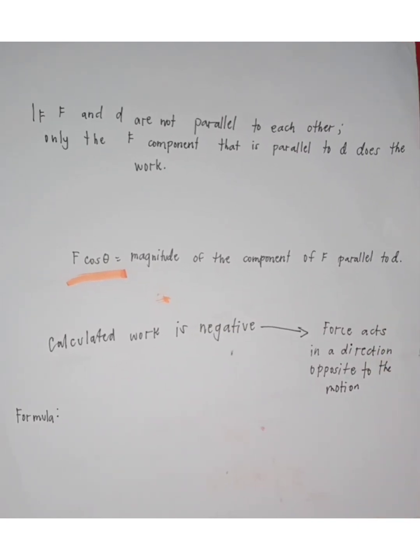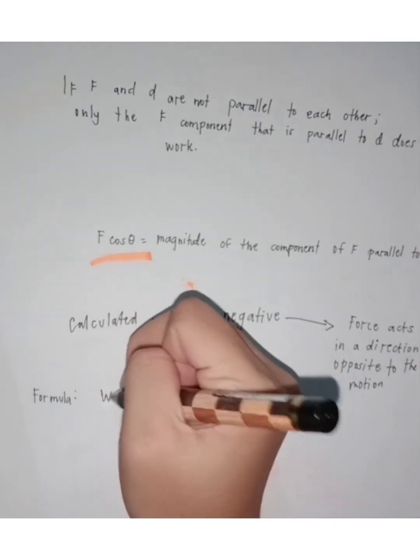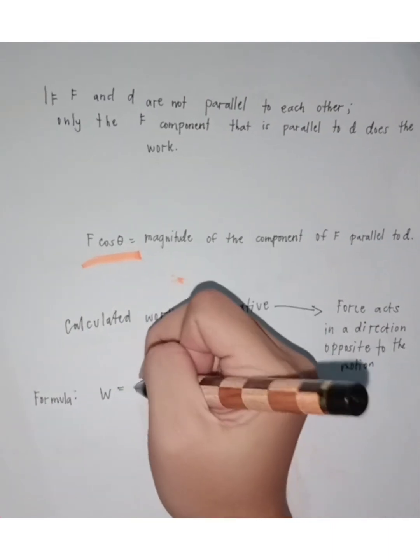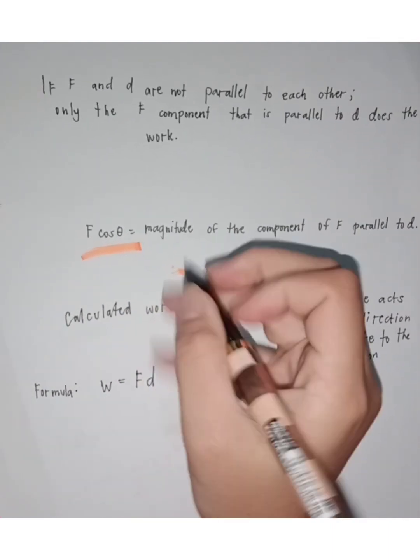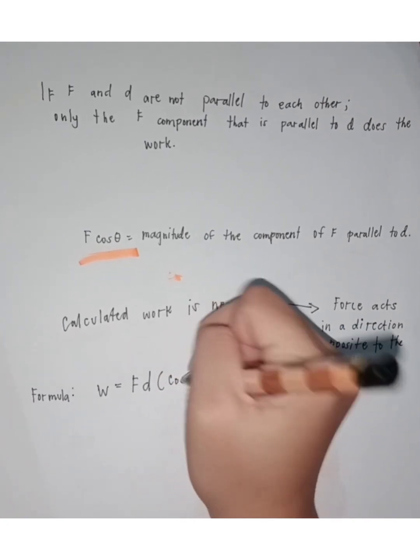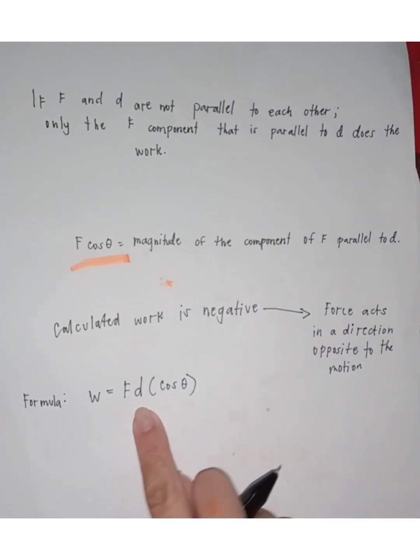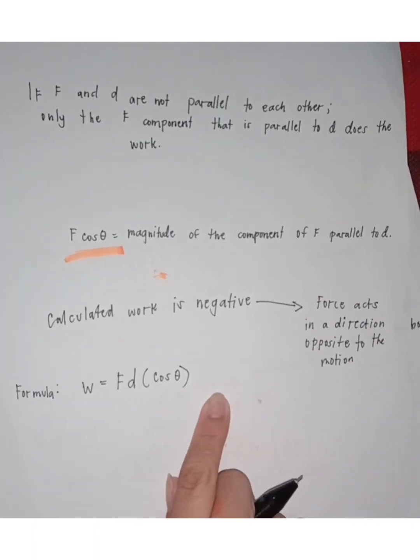This case is written in equation as work is equal to the product of force and distance times cosine theta. Work equals force times distance times cosine theta.